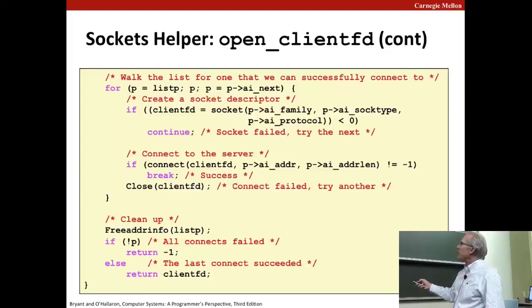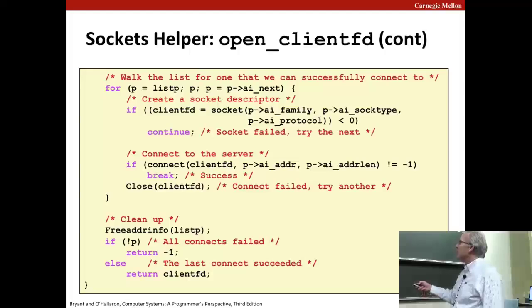And then what I'll do is I'll attempt to connect to the server. And again, you'll see the various arguments I have to pass to the connect command are provided for me out of the call I made to getaddrinfo. And that's either going to work or it's not going to work. Similarly, the socket call is either going to work or not work. It'd be very unusual for a call to socket to fail. But connect, for example, will fail if the server is not available or doesn't like you for some reason.